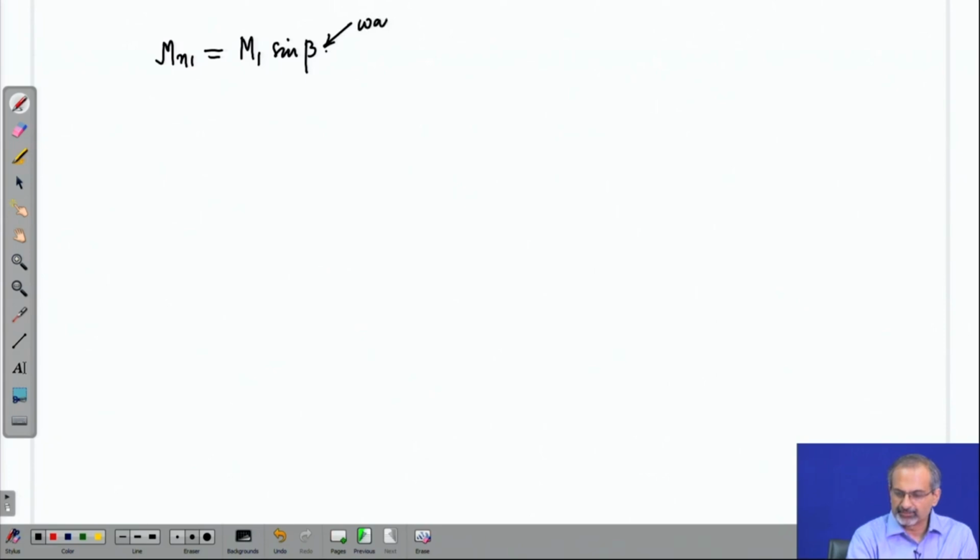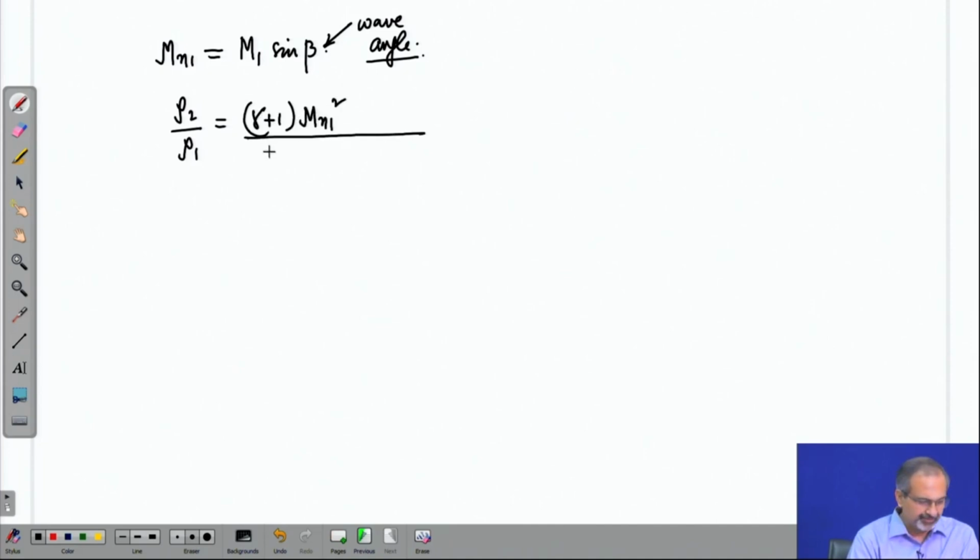You need the wave angle. All right. And once you are done with that calculation, you can plug it into the equations that you have for normal shock. Only thing is that instead of M 1, now you are calling it M n 1, which is being plugged in. Similarly, pressure ratio can be worked out in terms of M n 1.